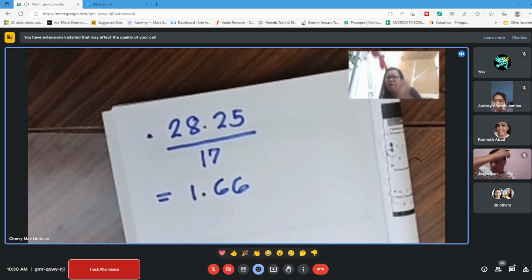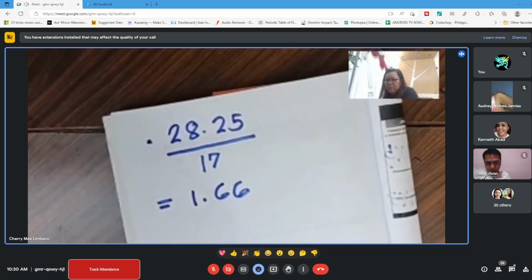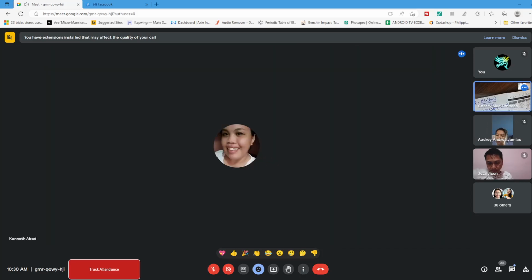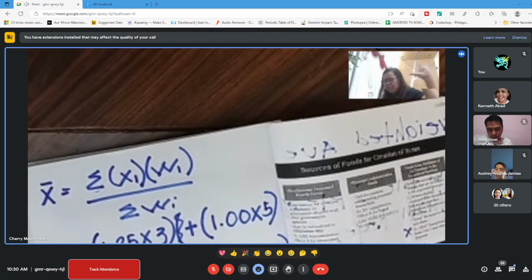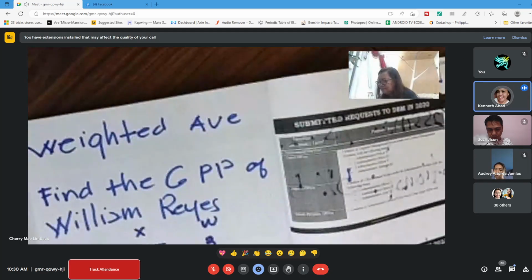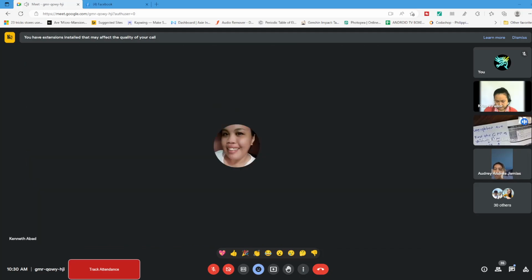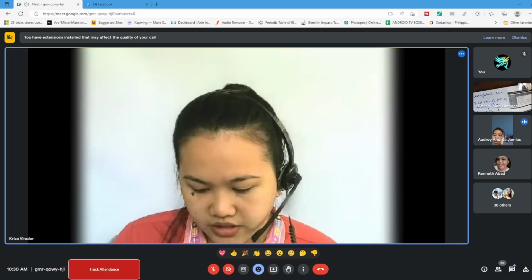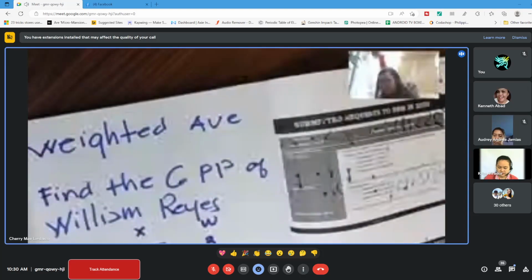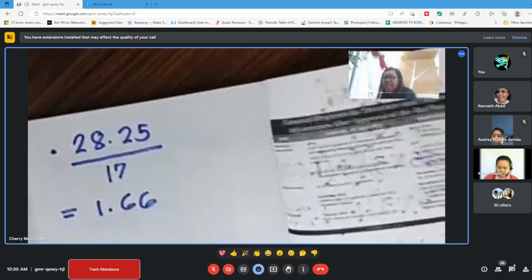Now, of the 5 subjects William took, which grade can we say is better? He is performing well in which subjects? Math, Doc, and English. He is not performing well in Filipino, science, and TLE.